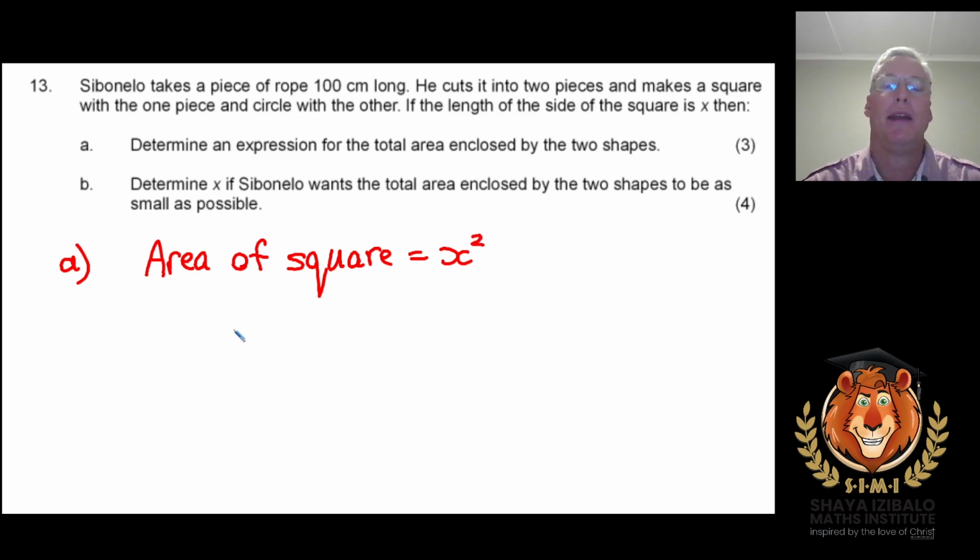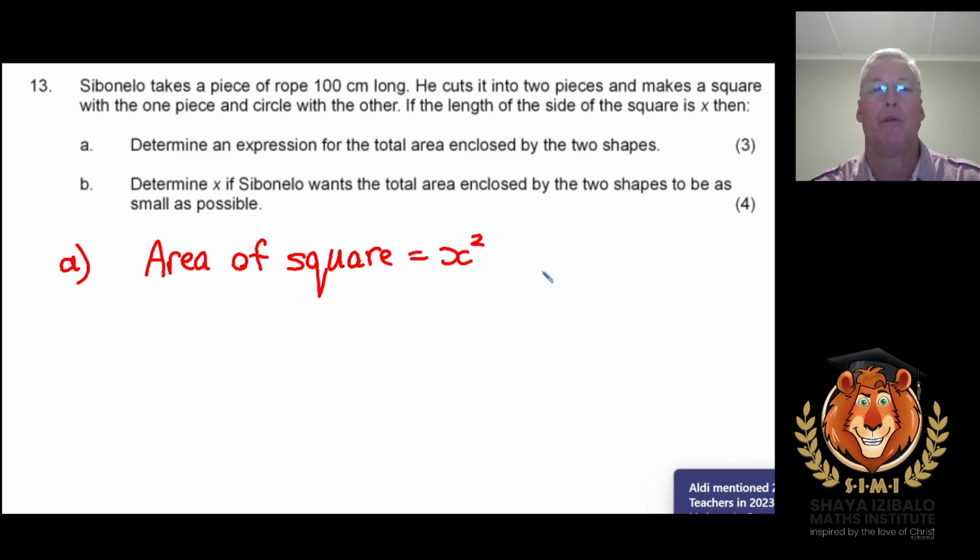Now, the area of the circle, we don't want to introduce another variable. The secret to optimization questions is always just to have one variable. And so what we're going to work out is, how big is this circle? How big is it in terms of its radius, its circumference, and its area? Right? So what we're going to work out is how much rope is actually left.